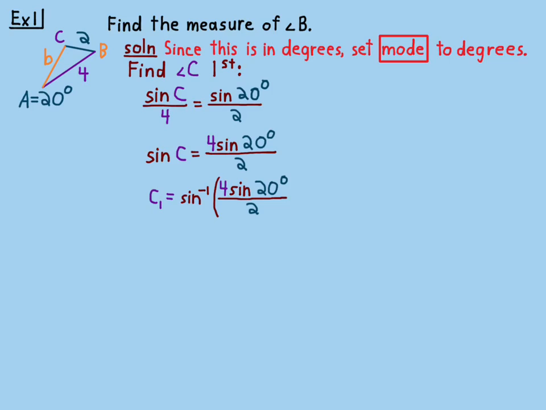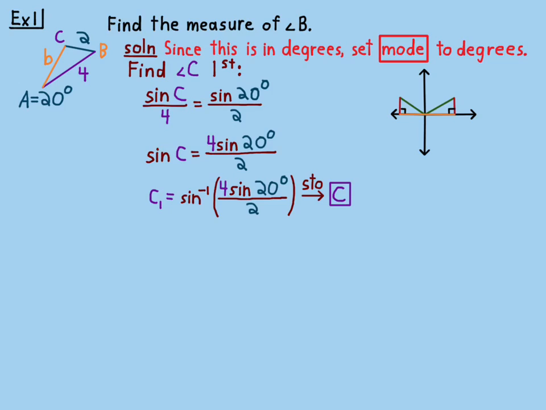So why C1? Well, there's 2 possible angles C where the sine of C equals this quantity on the right. One of them is the arc sine of 2 sine 20 degrees. And so I stored that in memory C so I can recall it later.